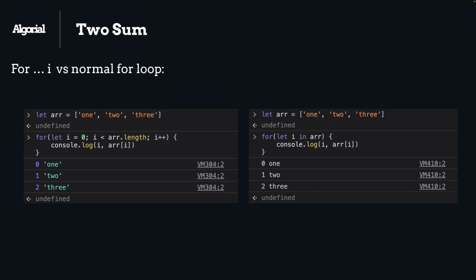In the normal loop, the type of my index is number, and the type of my value at that index is string. But in the for...in loop, the type of my value is string, which is normal, but more importantly, the index type is also string.